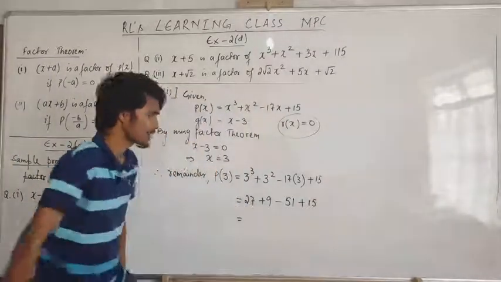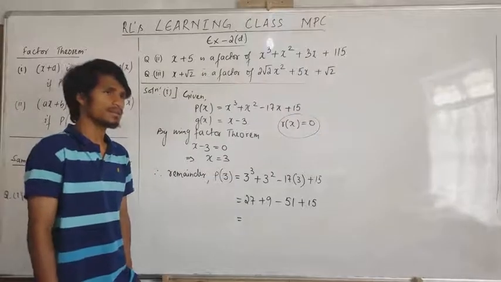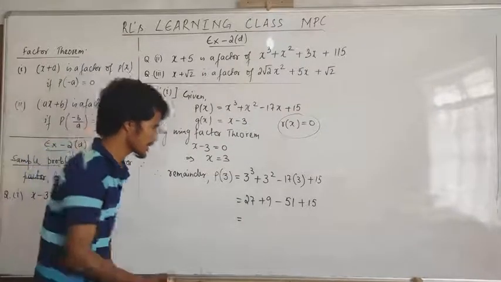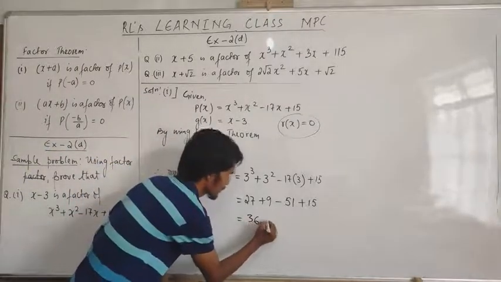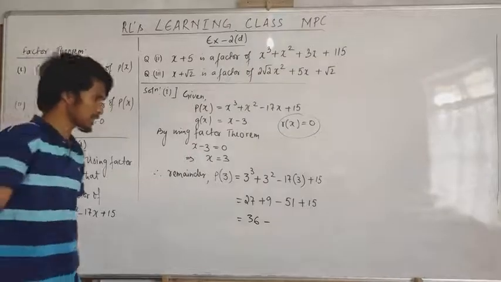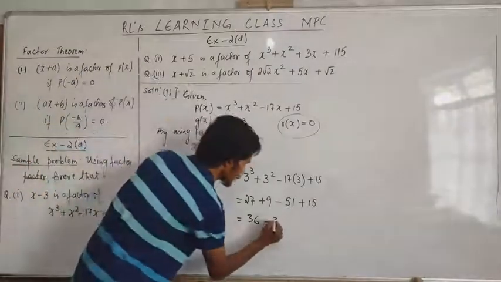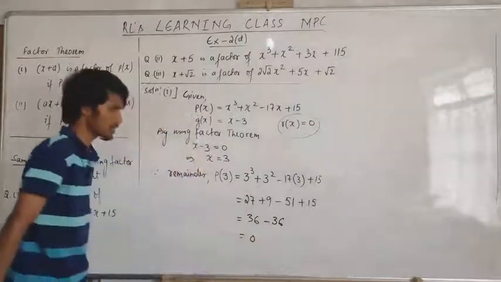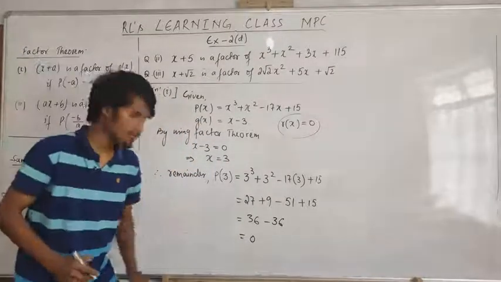Now 27 plus 9 will be 36. Then 51 minus 15 will be 36. Then 36 minus 36 will be 0. Now we got the remainder equal to 0.